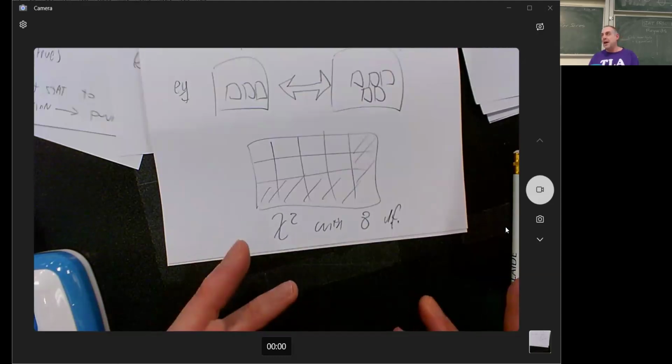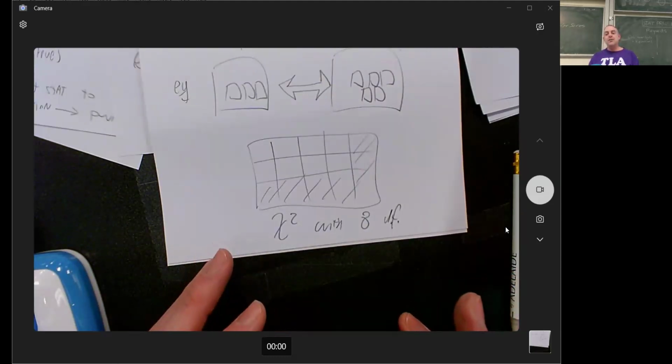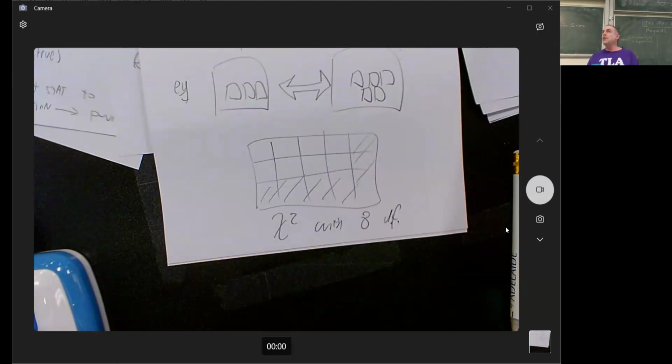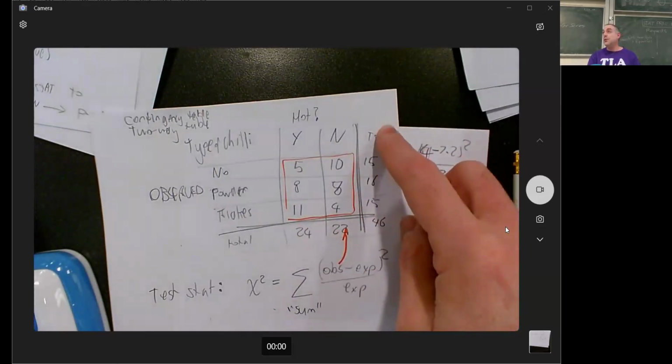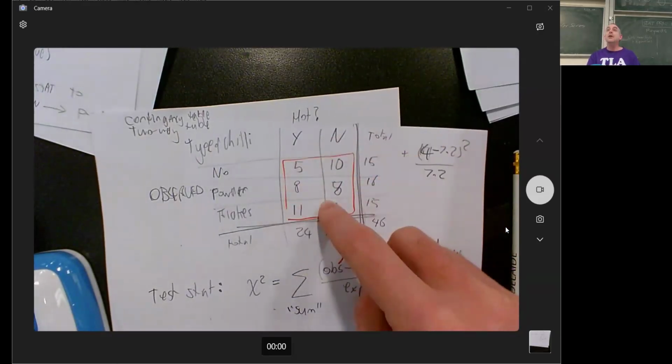And the reason it is that is the idea that you're imagining all of the other tables that could have happened, but keeping the totals the same. So you're saying that what if you collected other data and it still had the same totals, but this bit was different?